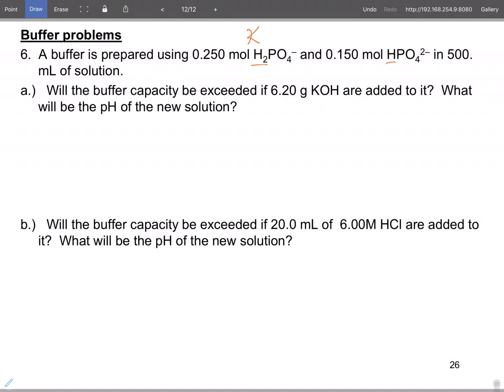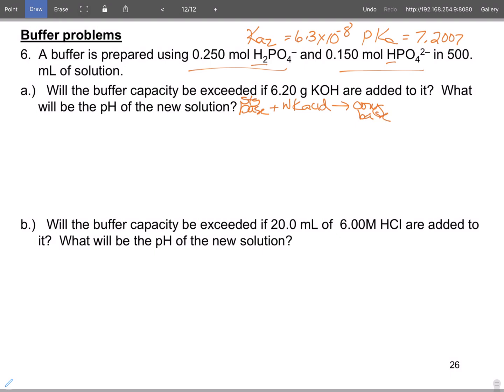So this is the Ka2 value, which is 6.3 times 10 to the minus 8. So the pKa of this buffer is equal to 7.2007. Okay? So the question is we have this many moles of the acid and this many moles of the conjugate base. So remember, a strong base will react with the weak acid to produce the conjugate base.